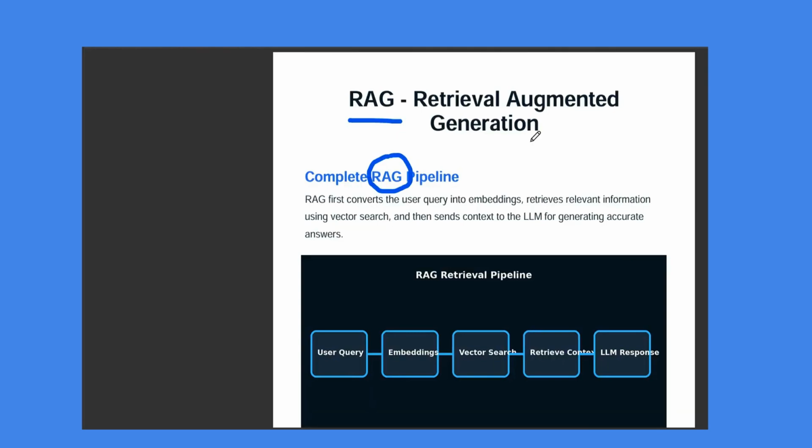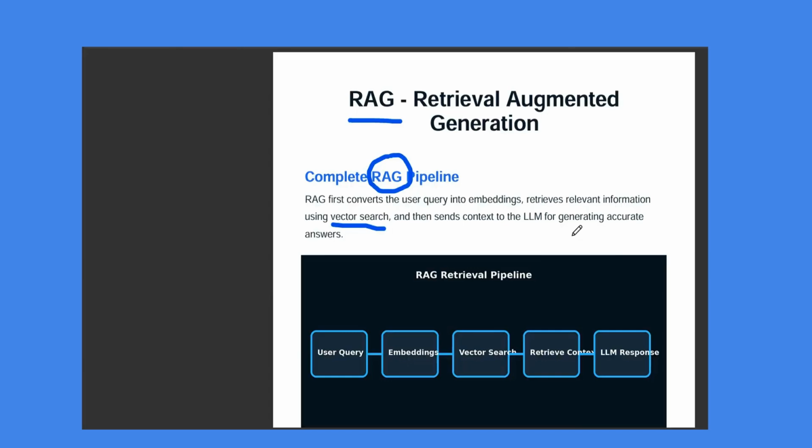RAG basically does one thing. Before generating an accurate answer, it first searches for relevant information, and then gives the final response.